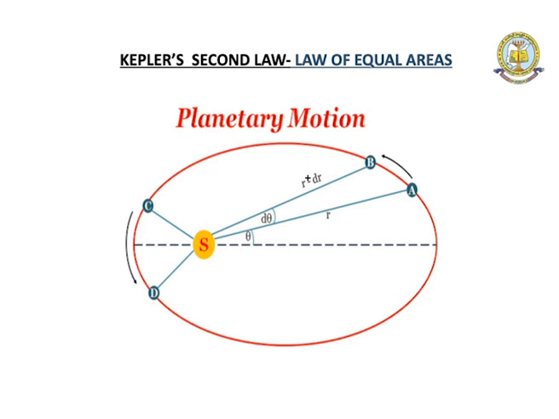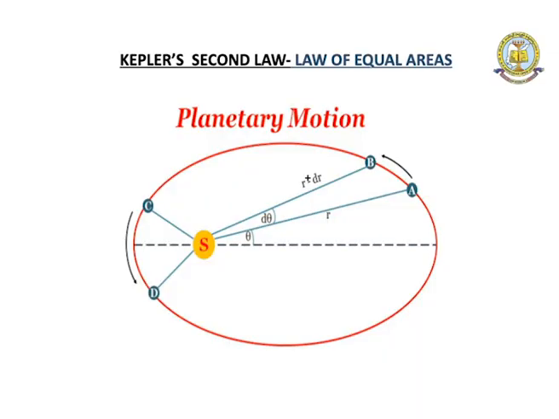Both areas are equal. So that is Kepler's second law: a line joining any planet to the sun sweeps equal areas in equal intervals of time. That is called the law of equal areas.